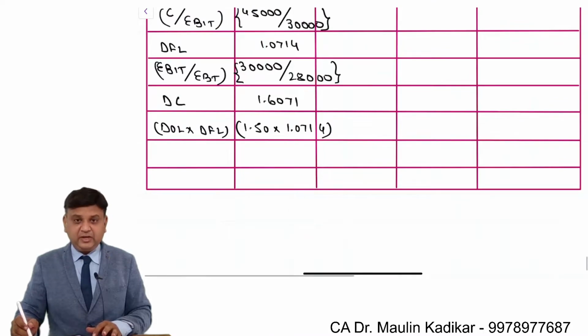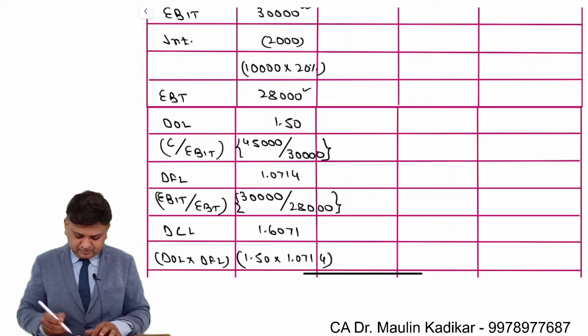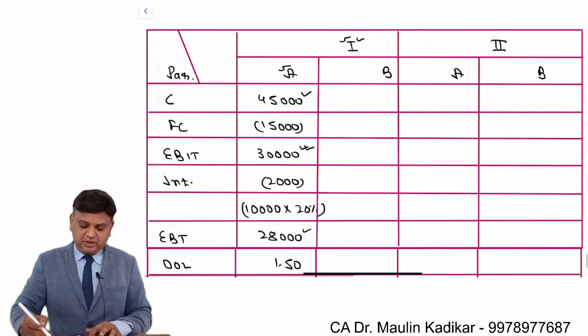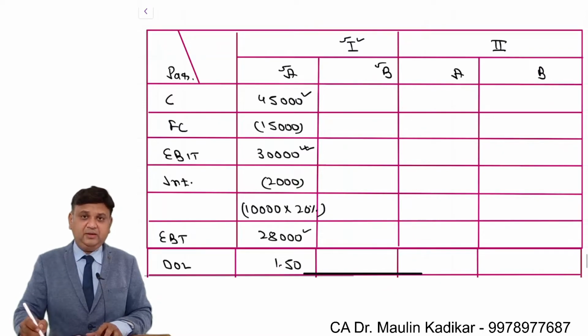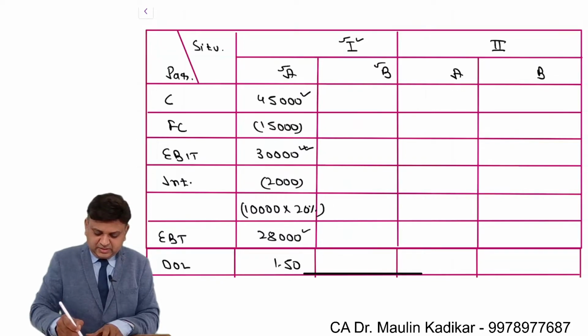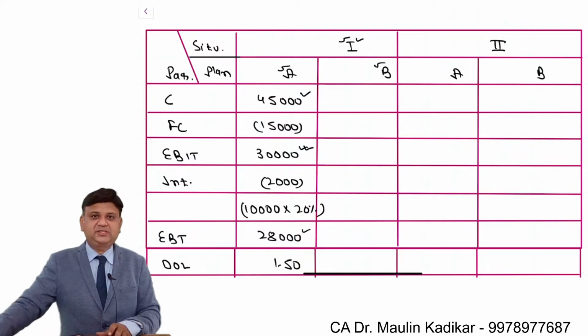This is the way we calculate the degree of combined leverage. I request all of you to fill up the column of situation number 1 in plan B and put your answer in the chat box. This is the situation and this is the plan.